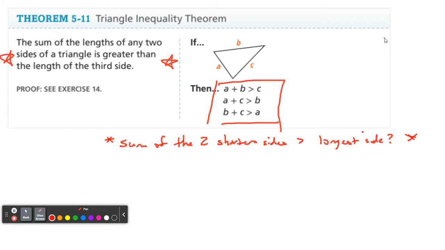That's really the only situation you have to check. Again, triangle inequality theorem. Big idea.